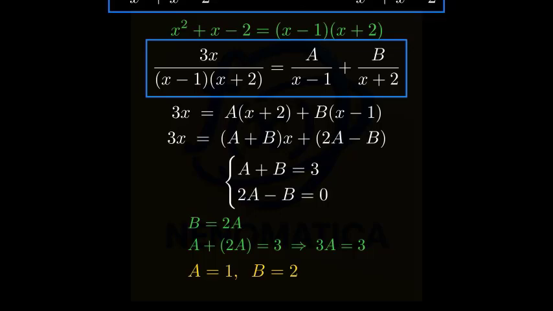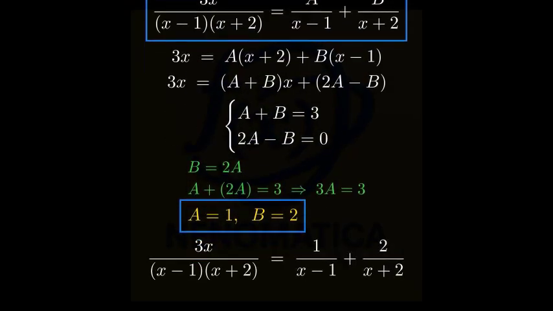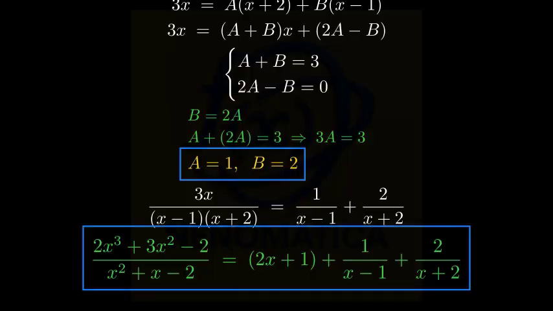Finally, substitute a equals 1 and b equals 2 back into the partial fractions. This gives 3x over x minus 1 times x plus 2 equals 1 over x minus 1 plus 2 over x plus 2. Therefore, the entire original expression becomes 2x plus 1 over x minus 1 plus 2 over x plus 2.